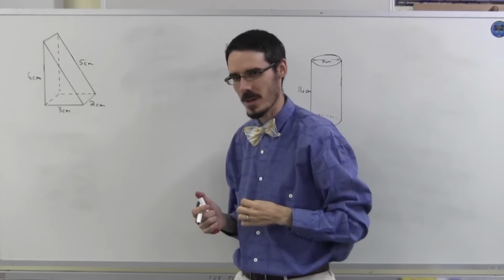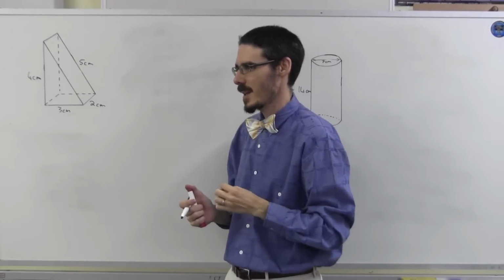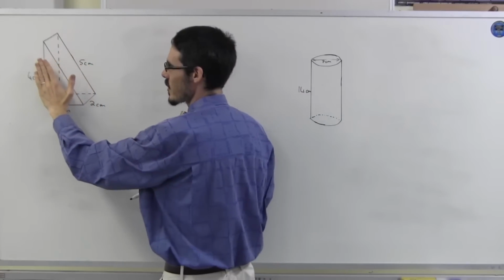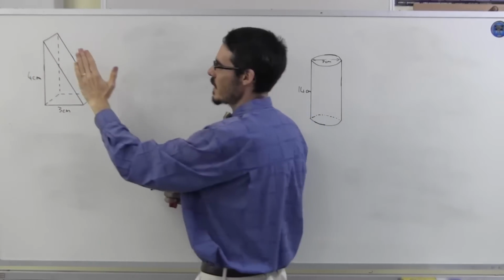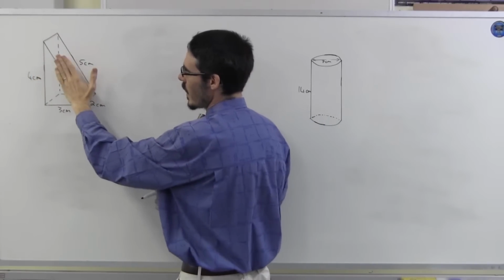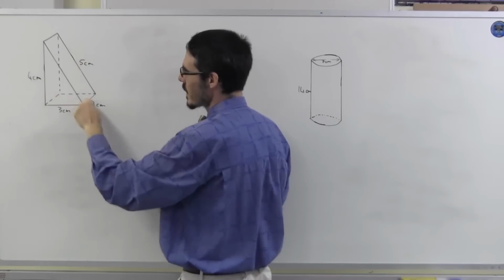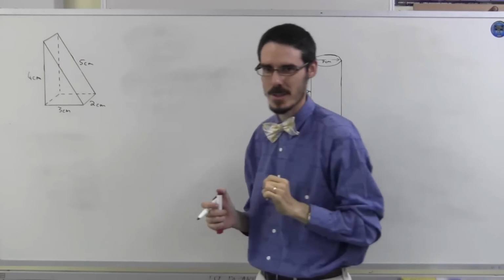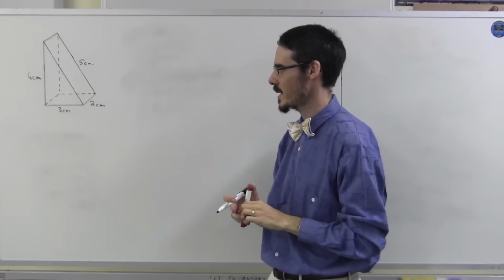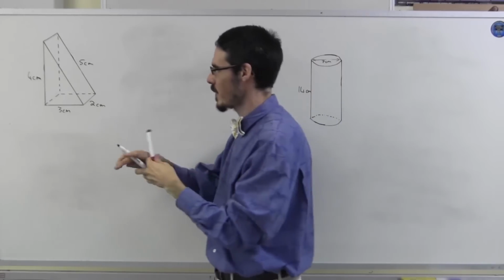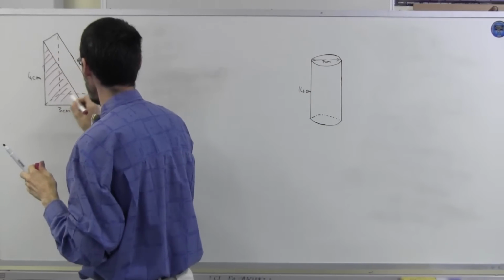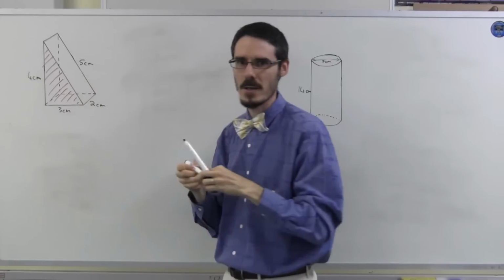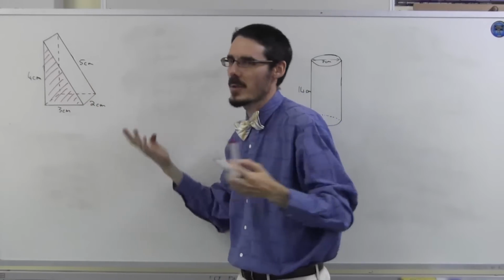So that doesn't work. To get the prism, I actually have to use this triangle on the front as my base. Because if I use the triangle, then wherever I look at my cross section, I'm going to get the same shape and size triangle. That means it's a prism. Be careful. The base is actually that triangle on the front, or the triangle on the back, you choose.